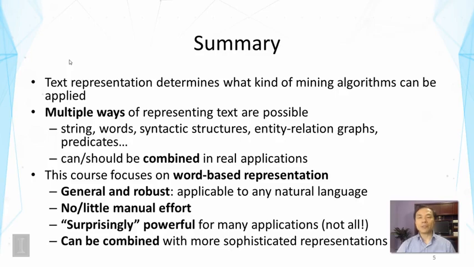For example, even if we cannot do accurate disambiguation of syntactic structures, we can still get partial structures extracted. And if we can recognize some entities, that would be great. So in general, we want to do as much as we can. And when different levels are combined together, we can enable richer analysis, more powerful analysis.